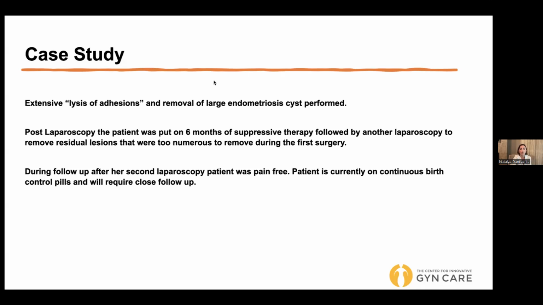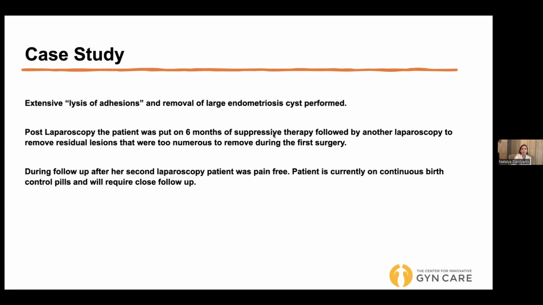I can't go without taking pain medications, but I don't think it's good for me to take this much pain medication every month. Could this be endo? Yes, so it could definitely be endometriosis because it's cyclical. Some of it could be scar tissue from the myomectomy, but typically scar tissue is not cyclical in nature. So I would say endometriosis would be at the top of my list.